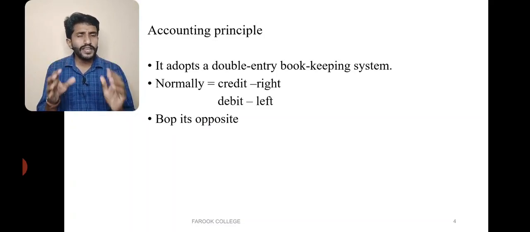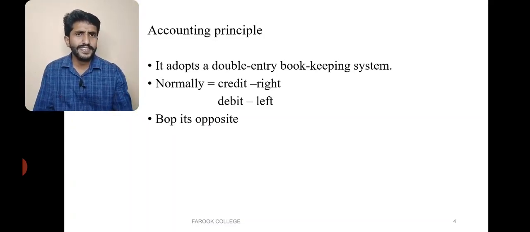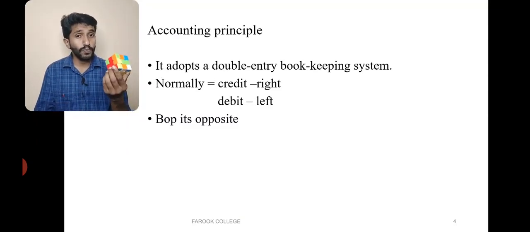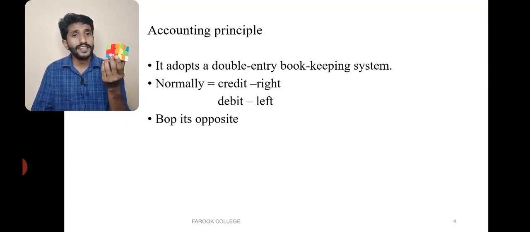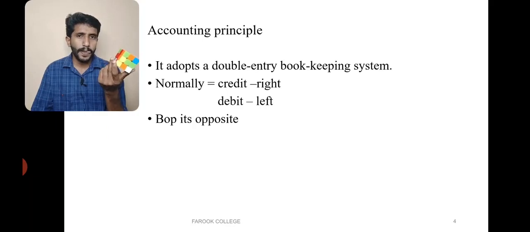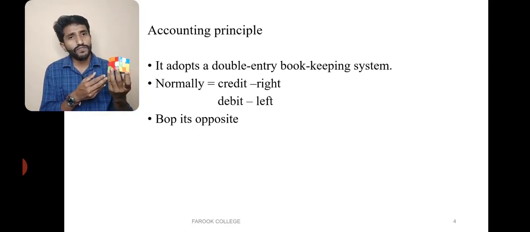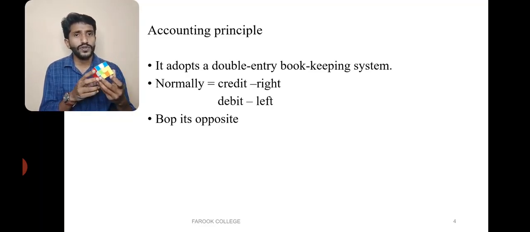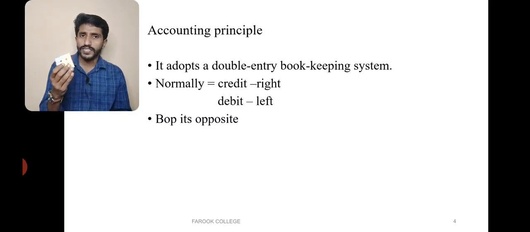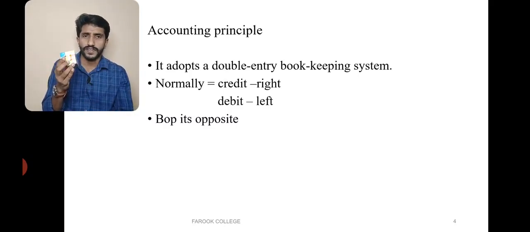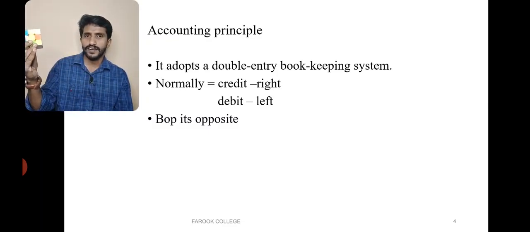So suppose, in this example, a Rubik's Cube, I am exporting this item to the US. I should sell this product, or transfer the ownership from my hand to some other person. So I am transferring this to another country.